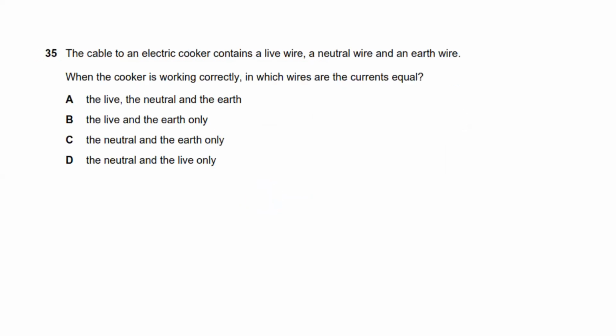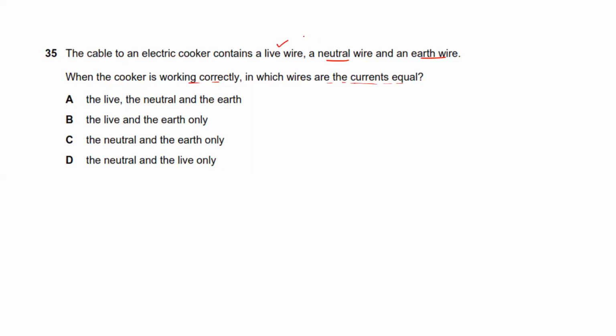Next question, question number 35. It says the cable to an electric cooker contains a live wire, a neutral wire, and an earth wire. When the cooker is working correctly, in which wires is the current equal?